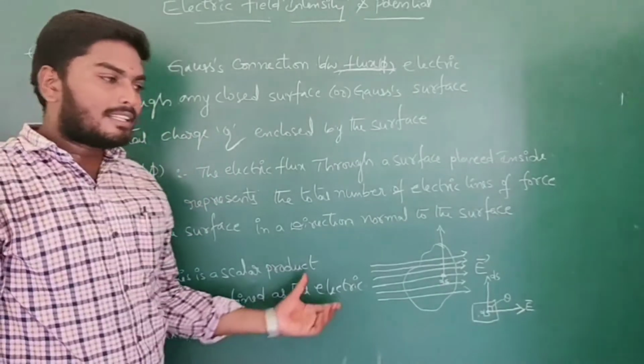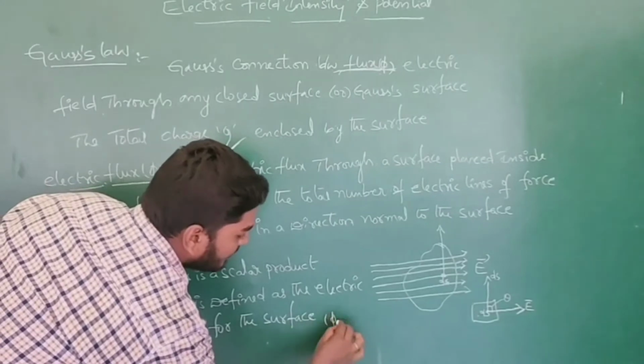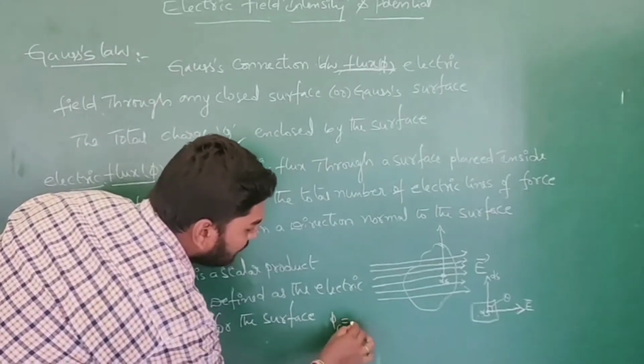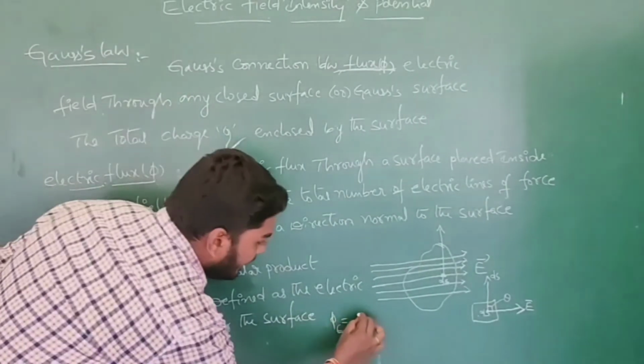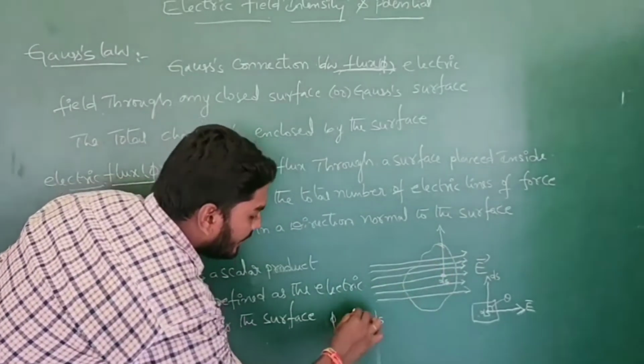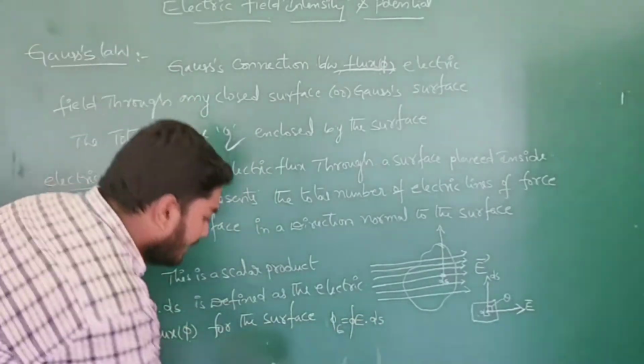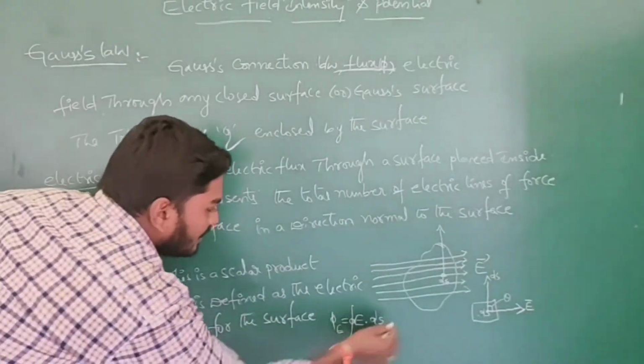Electric flux, denoted phi suffix e, equals the surface integral of E dot ds. E dot ds is a scalar product.